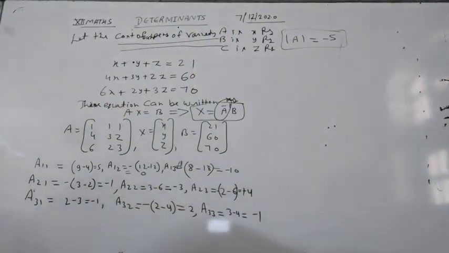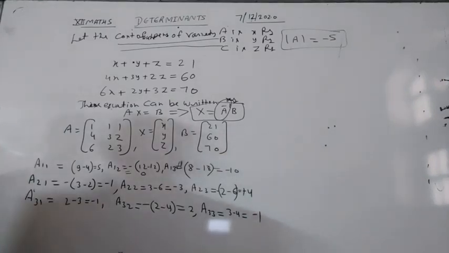Now our A11 is 5. A12 is 0. A13 is minus 10. A21 is minus 1. A22 is minus 3. A23 is 4. A31 is minus 1. A32 is 2. A33 is minus 1.